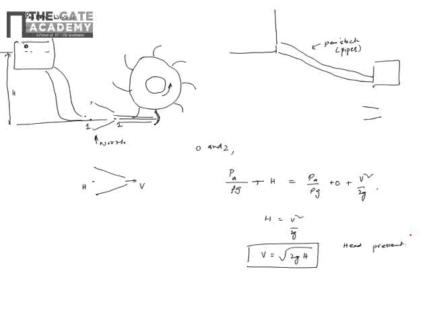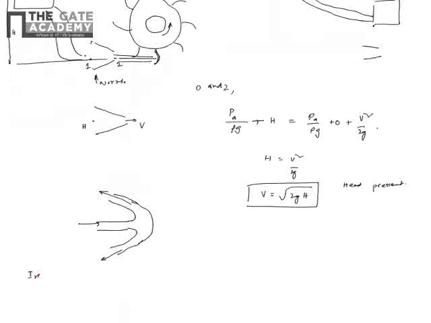Okay, now let's see more about the bucket. How does it move? Let's take a single bucket. This is the flow. The flow deviates like this after striking. So this is how the flow moves. Now let's draw the inlet velocity triangle.